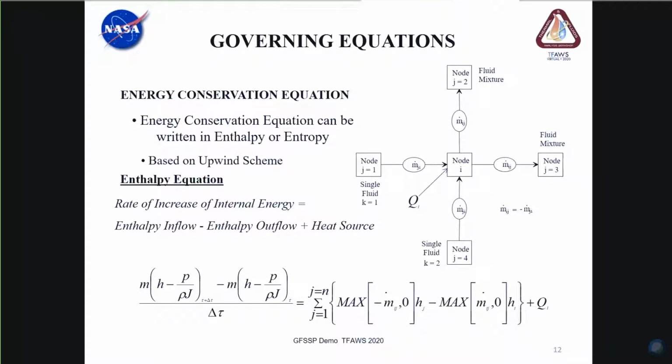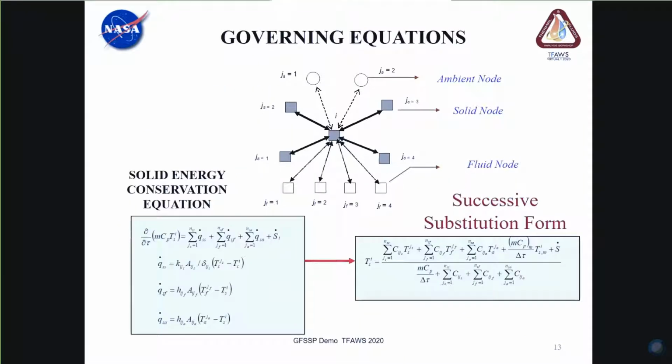So the rate of increase of internal energy in a node in a time step delta tau is going to equal the rate that enthalpy flows in, m dot h, from the upstream nodes, the rate enthalpy flows out, m dot h, leaving the node, and then any heat source Q, where the user can either define that heat source in BTUs per second or in kilowatts, or the code can calculate a heat source coming from the solid wall if you have conjugate heat transfer in solid nodes.